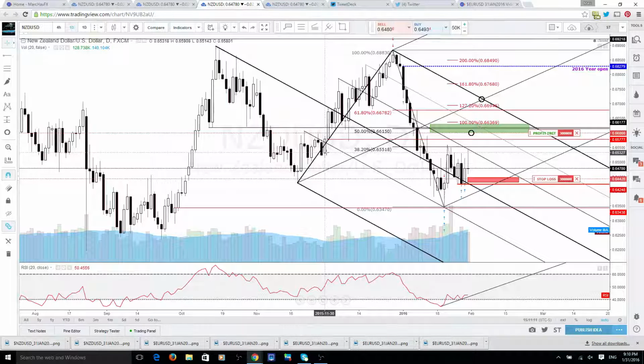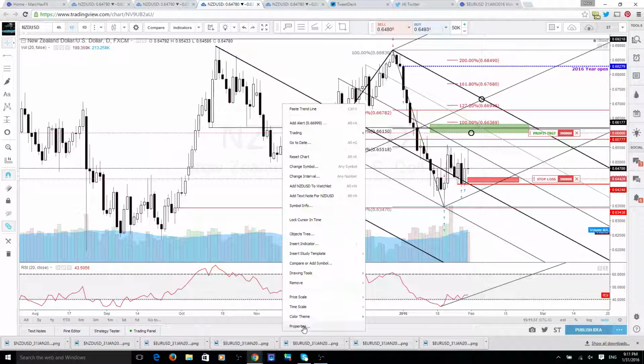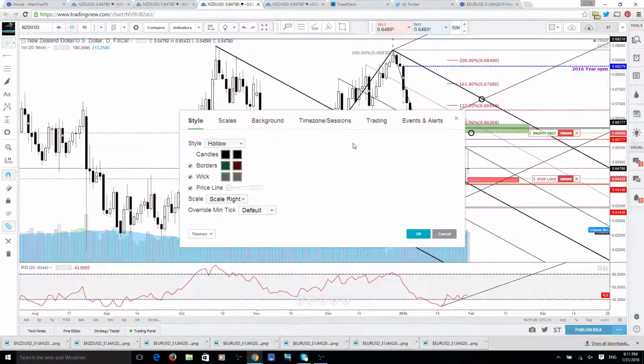Okay, so what am I looking at since we're on a daily is I'm still bullish Kiwi. We closed here right at the daily close of Thursday. So I would say, oh sorry, I've got to take this out.